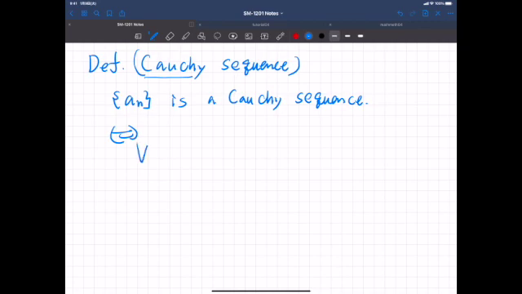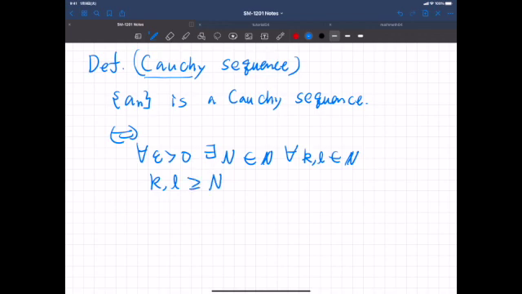So that is, for any positive real number epsilon, there exists a natural number capital N such that for all natural numbers k and l, if k and l are both greater than or equal to the capital N, then the difference between a_k and a_l is less than epsilon.